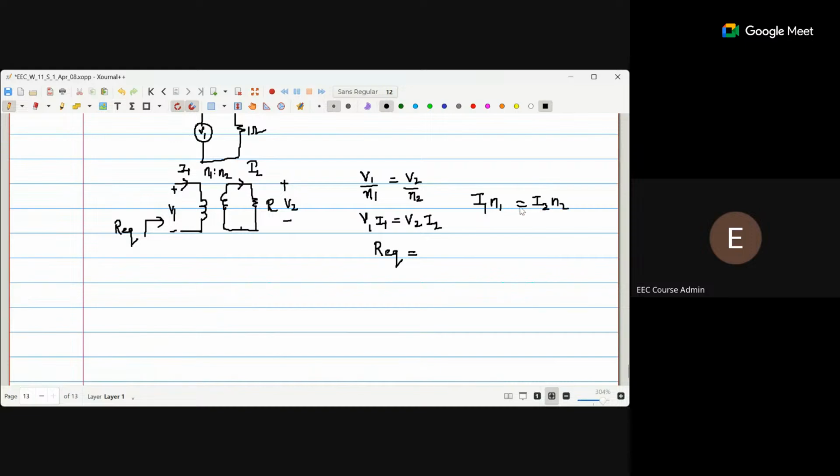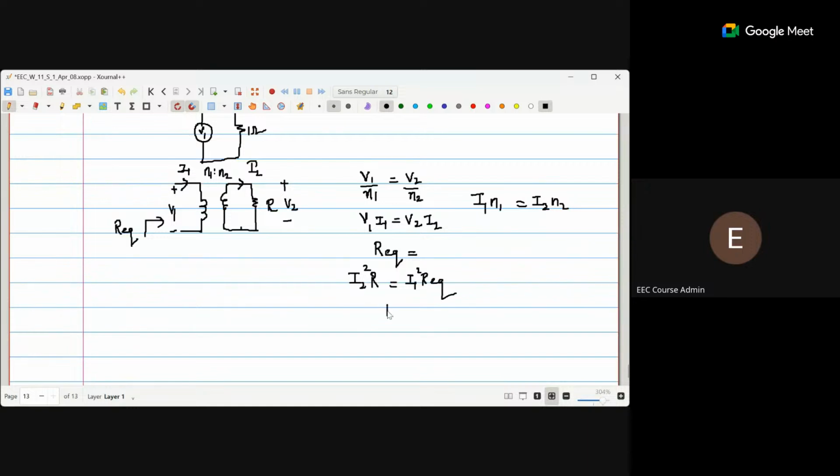So MMF being the same, I1 N1 equal to I2 N2, so that the power loss in the secondary will be I2 square R, or in terms of the VI product, V2 I2. So what we have is I2 square R equal to I1 square R equivalent.